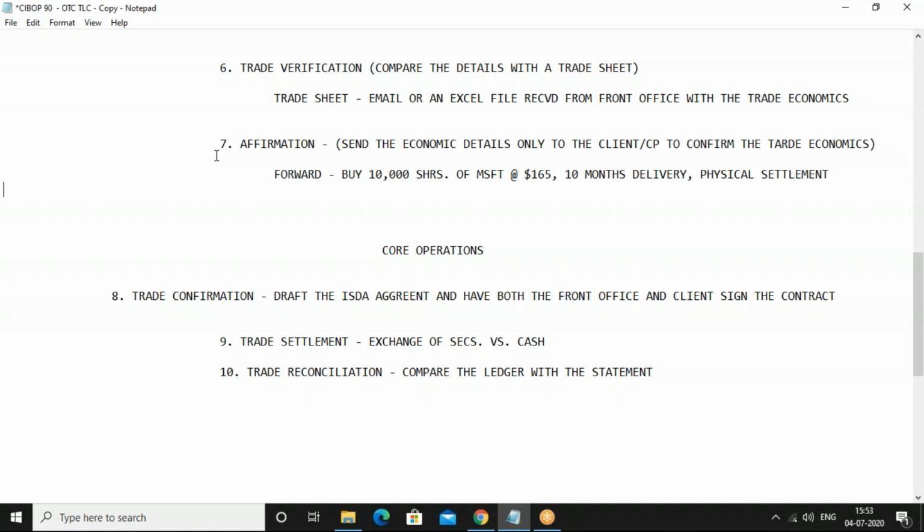Is this clear with everyone? We are doing affirmation to ensure that both of us have the right details, so that when we create the ISDA agreement, there's not going to be a problem in signing it. Yes? No? Is this clear with everyone?